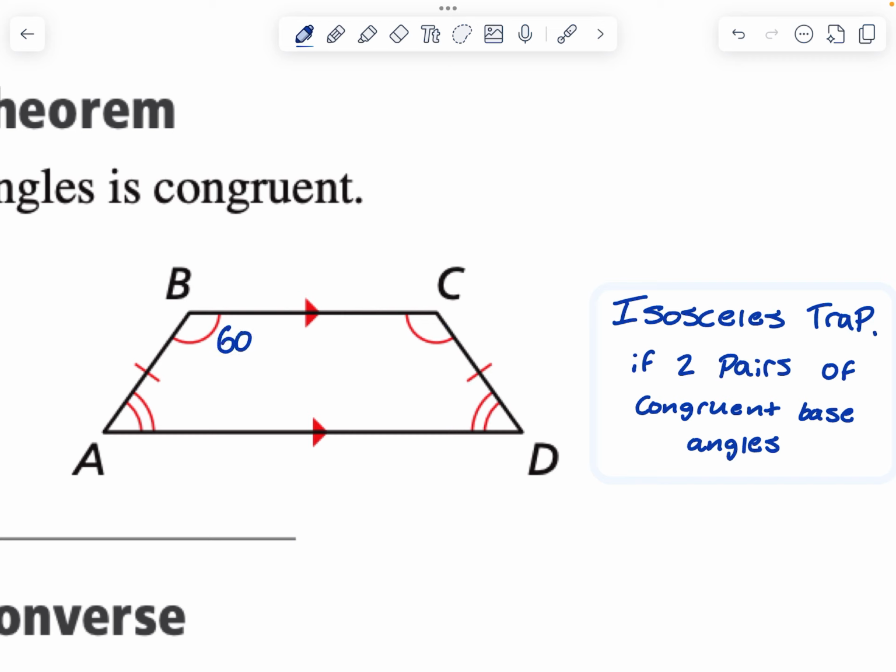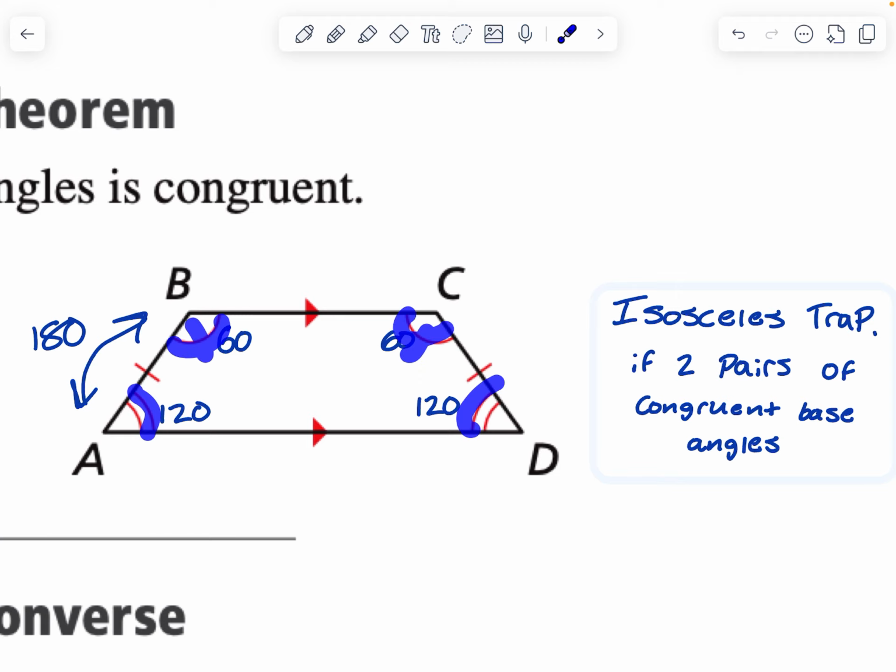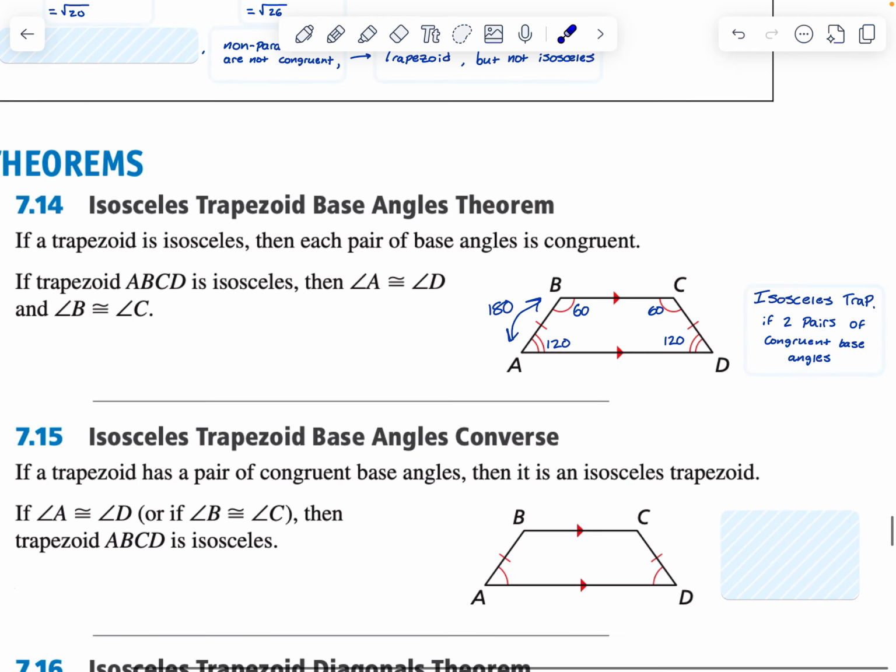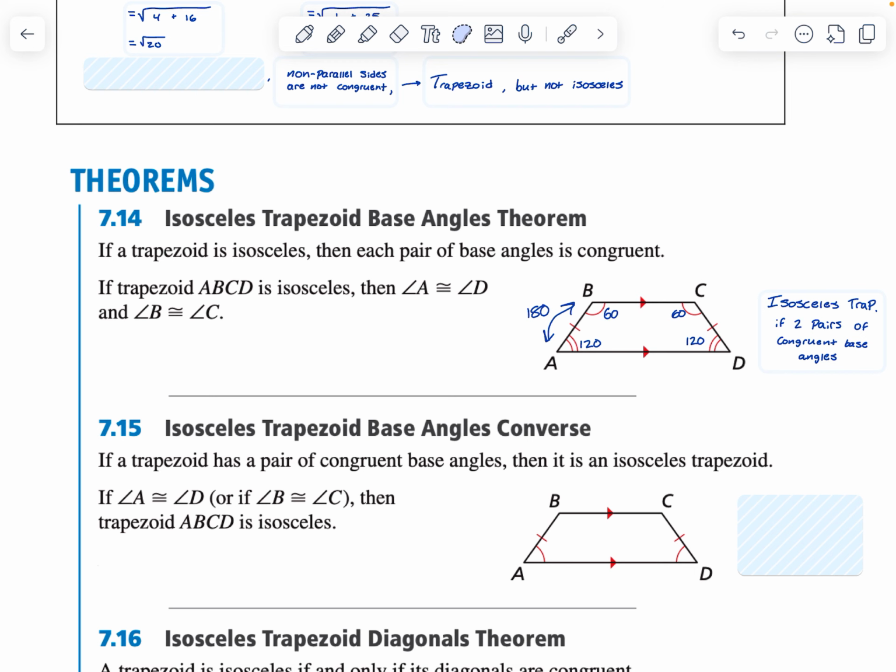Well, then that means angle C has to be 60 as well. Angle A would have to be 120 since these are supplementary and add to 180 because it's still a trapezoid. So these angles are still supplementary. Well, it's the same thing on the other side, so that's got to be 120. Base angles are congruent in an isosceles trapezoid. That's our first property.